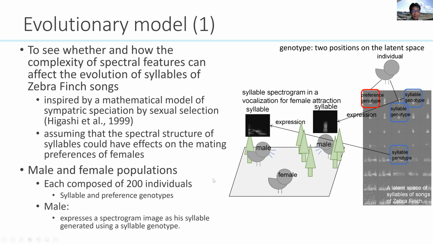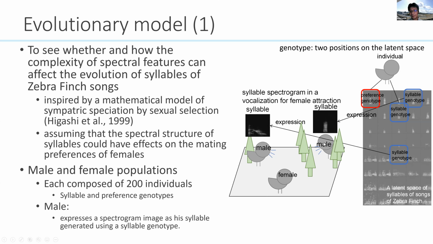We assume male and female populations, each composed of 200 individuals. And each individual has two types of genotype. That is, two positions on the latent space like this, preference and syllable. As for the male individuals, each male expresses a spectrogram image as his syllable, generated from his syllable genotype.